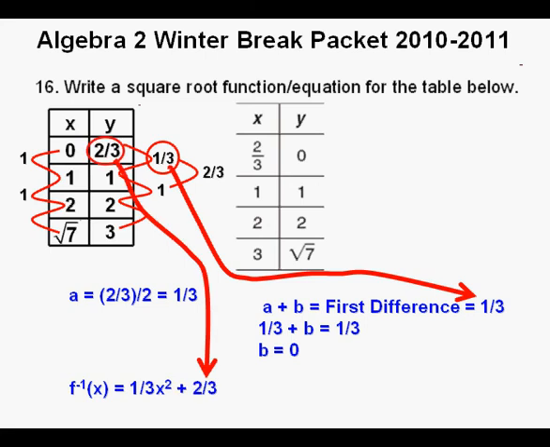And finally we get the c, which is simply our y-intercept of 2/3. Now we're going to write the function as y equals 1/3 x squared plus 2/3. Then we can change it to the inverse of that by swapping the x and the y, which should be x equals 1/3 y squared plus 2/3.